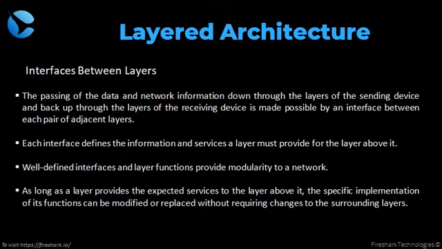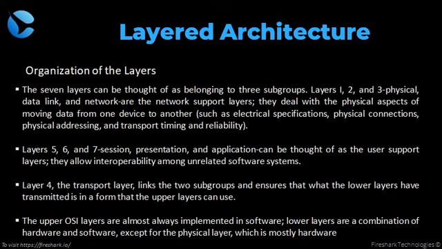Well-defined interfaces and layer functions provide modularity to the network. As long as a layer provides the expected service to the layer above it, the specific implementation of its function can be modified or replaced without requiring changes to surrounding layers.